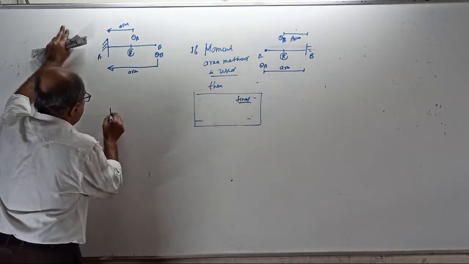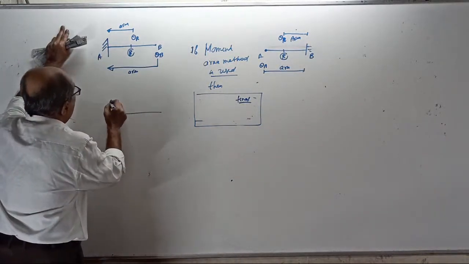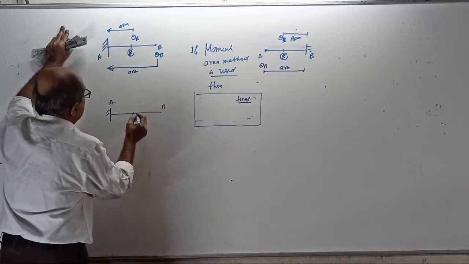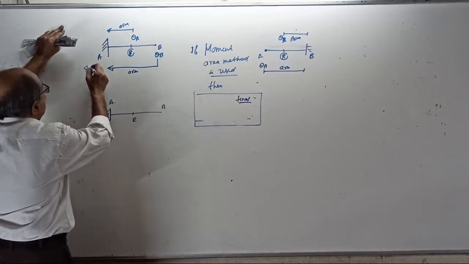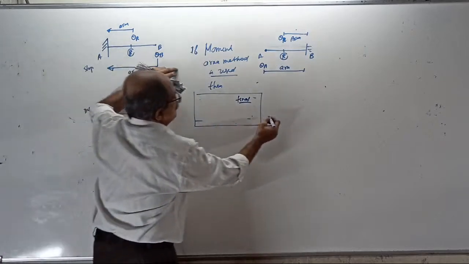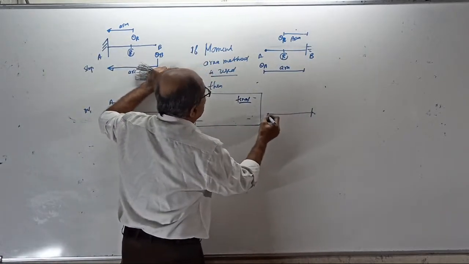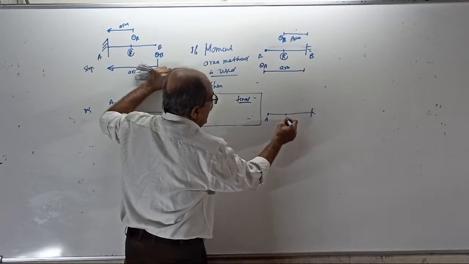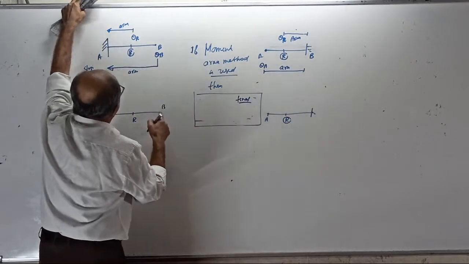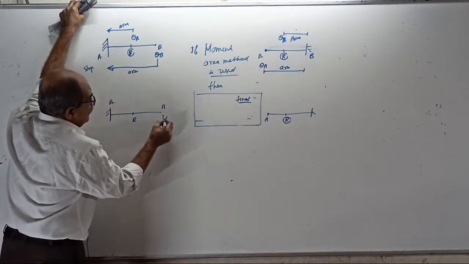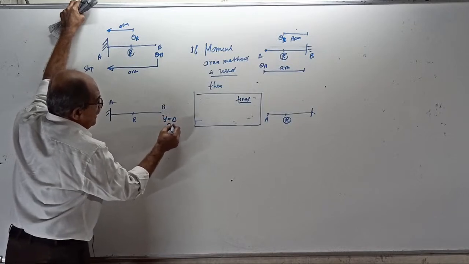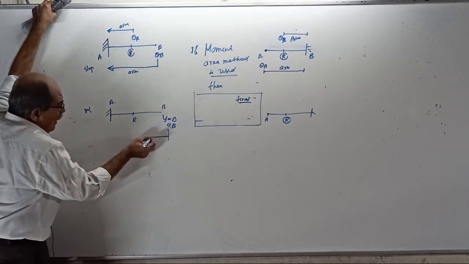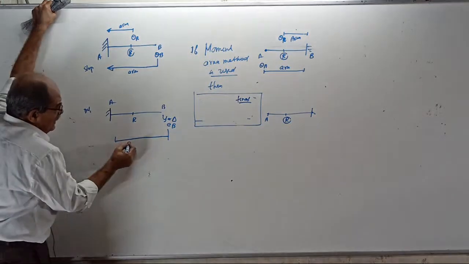Suppose you want deflection. A, B, any point R. This is for slope. This is for deflection. Here also, see, one small slip of the tongue, how damaging it is. Suppose you want deflection Y or delta at B. Then full area from there up to the fixed end.